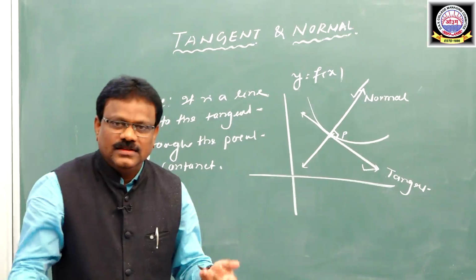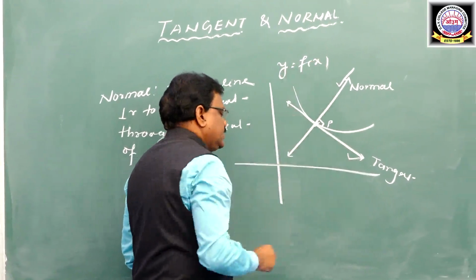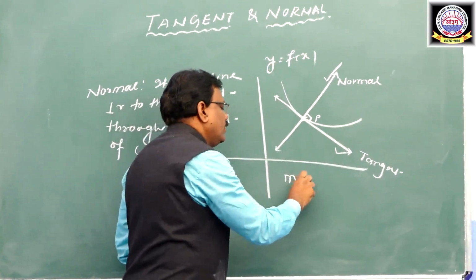So suppose the function is y is equal to f of x. m is the slope of the tangent.